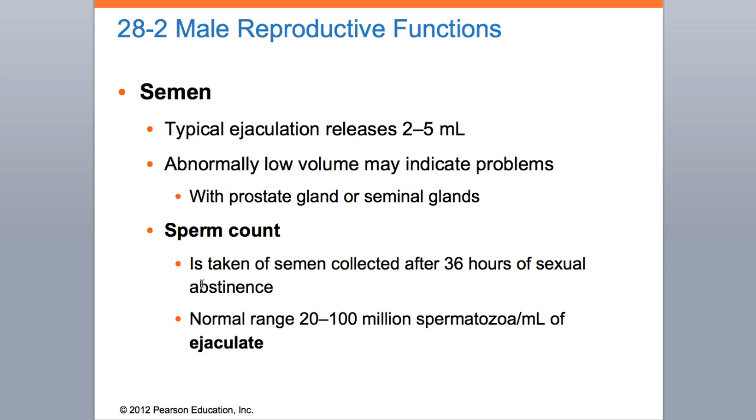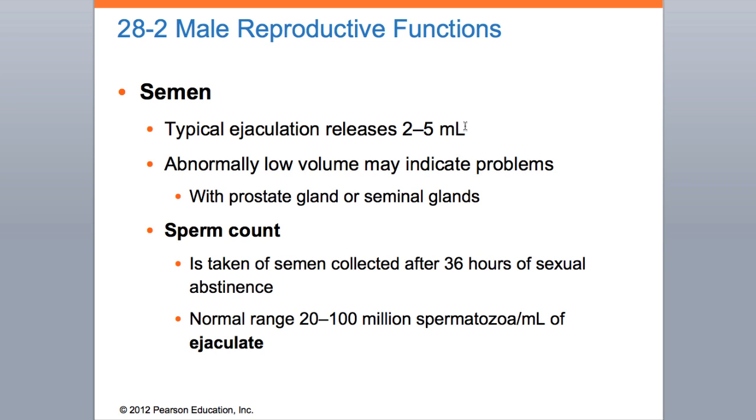Next line down here is taken of semen collected after 36 hours of sexual abstinence. Okay, so that's when the count's taken. Now, look what it says here. Normal range is about 20 to 100 million per mil.